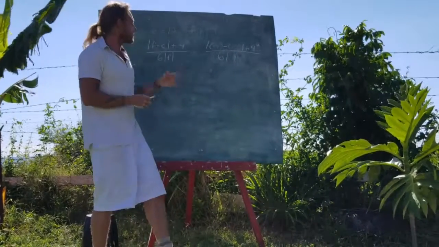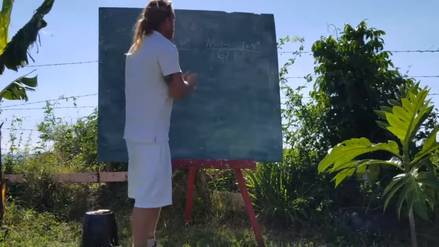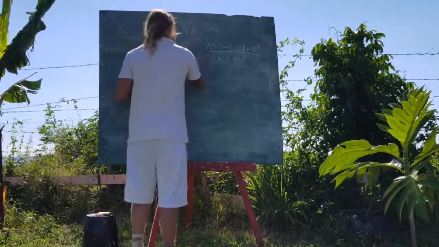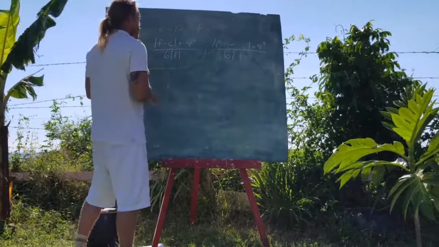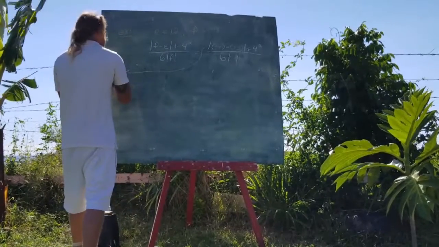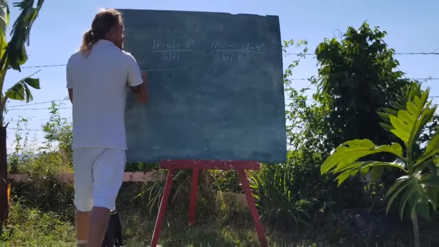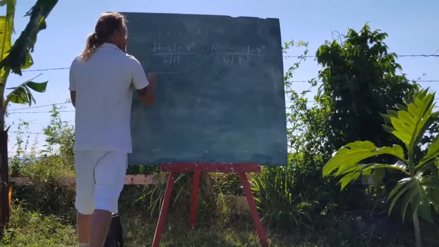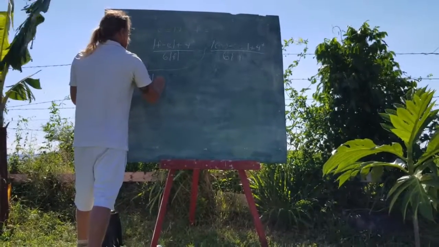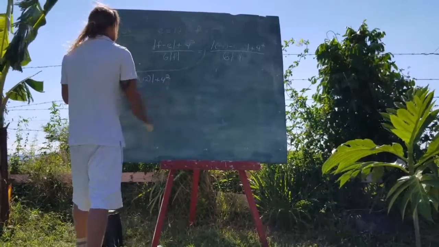All right, so we're going to work separately above and below the bar. We'll start with our numerator. So we have the absolute value of negative 4 minus 12 plus 4 squared. Let's simplify that.